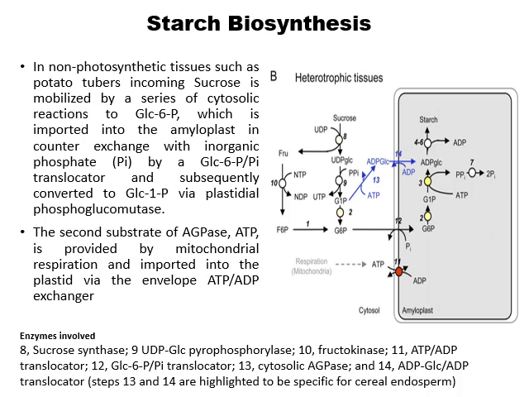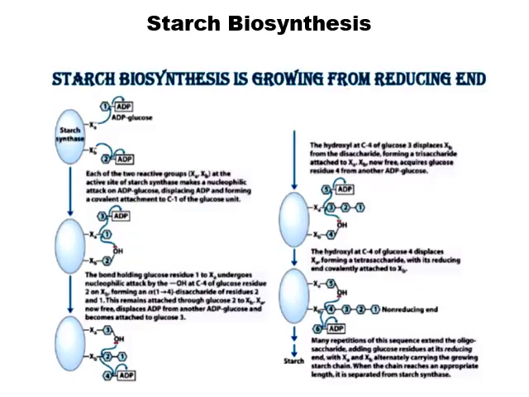I hope you have understood this. So next, you can see the steps of starch synthesis, the growing ends of starch, in various steps. This is the ADP glucose, which provides the glucose residues for increasing the chain length. Suppose this is the first glucose molecule which is provided by ADP glucose, then the second molecule comes and attaches to the first molecule, and in this way the growing chain forms.